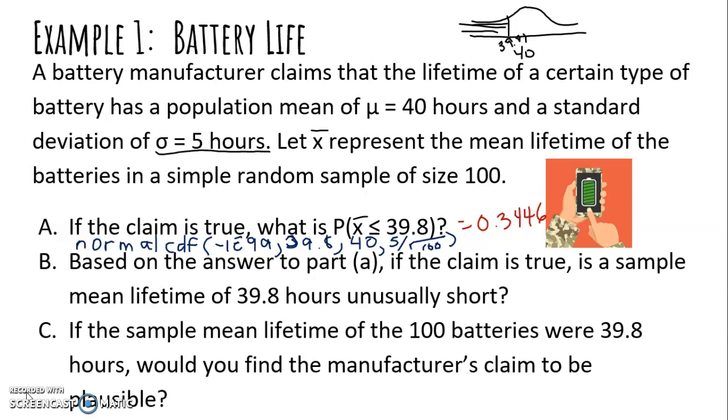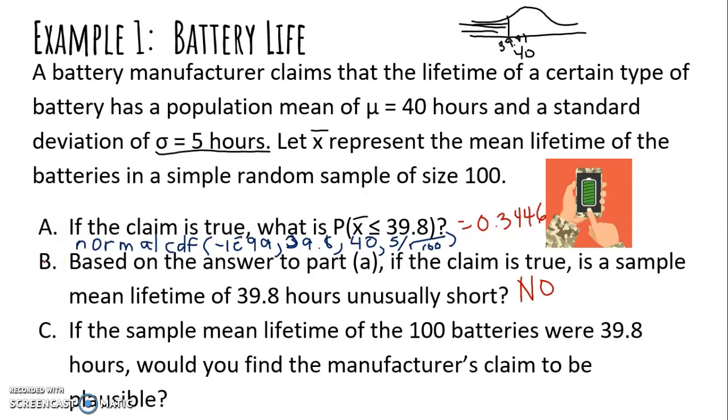So based on the answer to part A, if the claim is true, remember the claim is that the mean is 40 hours, is a sample mean lifetime of 39.8 hours unusually short? Well, the probability that it's less than 39.8 is 0.3446, which is not less than 5%, so it's not unusual. So if the sample mean lifetime of 100 batteries were 39.8 hours, would you find the manufacturer's claim to be plausible?